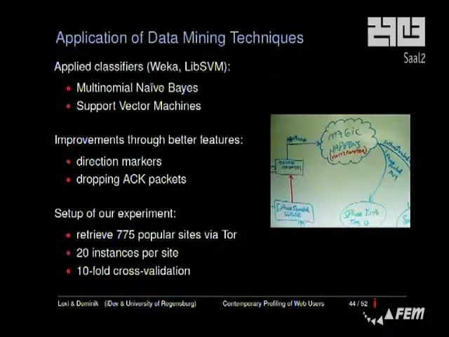An important part of machine learning in general is feature extraction. So far I've only talked about extracting the packet sizes, and this doesn't work really well, at least not for Tor. For Tor, colleagues of mine actually found that you need other features in order to get more discriminating features. These are direction markers and dropping acknowledgement packets.